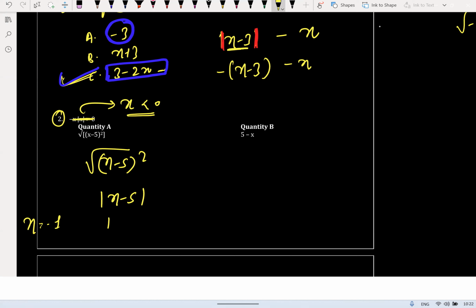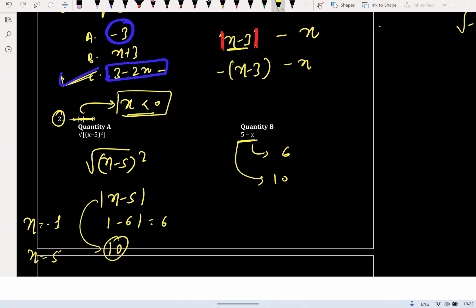If I put -1, I get -6, which is 6. If I put -1 here also, I get 6, right? Because this is information that is given for both the quantities. Now if I put x equal to -5, I get 10. When I put x equal to -5 here also, I get 10.